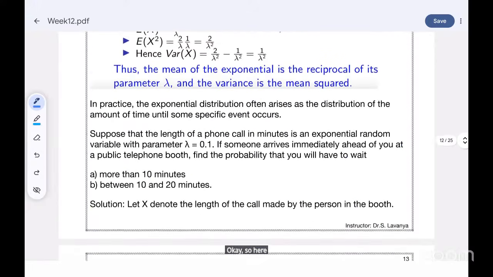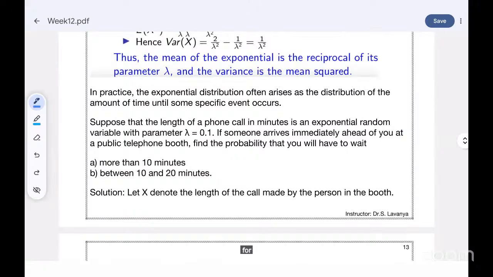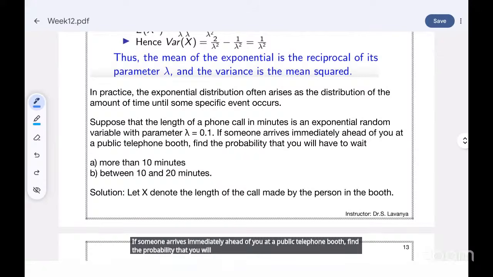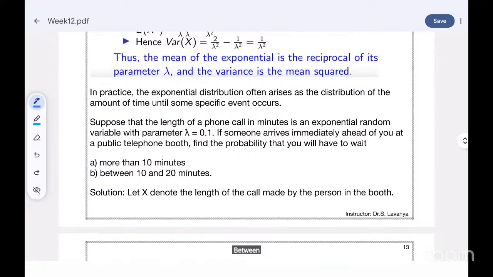Okay, so here is an exercise for exponential distribution. Can you all give it a try? Suppose the length of a phone call in minutes is an exponential random variable with parameter lambda equal to 0.1. If someone arrives immediately ahead of you at a public telephone booth, find the probability that you will have to wait more than 10 minutes, between 10 and 20 minutes. What is the PDF?